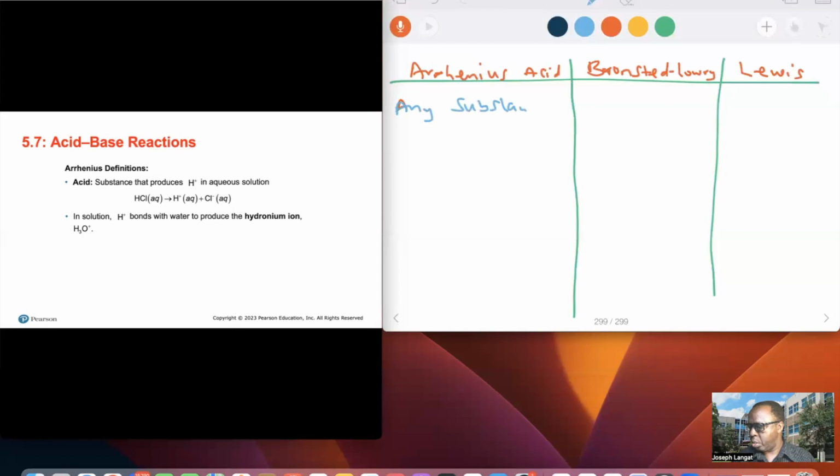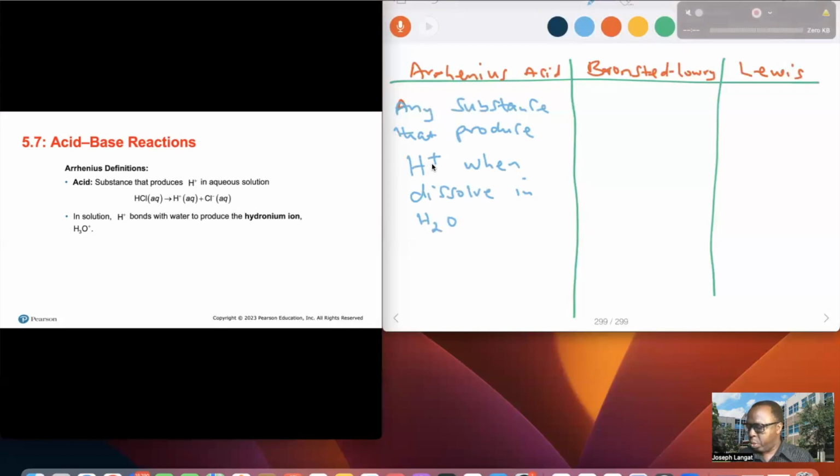According to Arrhenius, an acid is defined as any substance that produces or generates H plus when dissolved in H2O, or in water. Anything that produces hydrogen ion in H2O is called an Arrhenius acid.